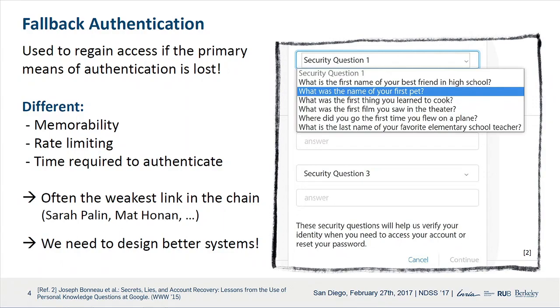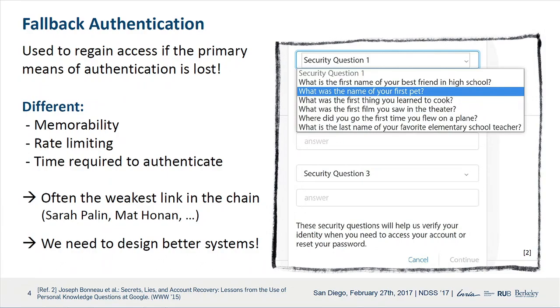Fallback authentication is often the weakest link in the chain. There are popular examples for this. And if you have a look at the security questions on the right-hand side, they are considered quite insecure. The answers to those security questions can be guessed easily, and thus we need to design better systems.